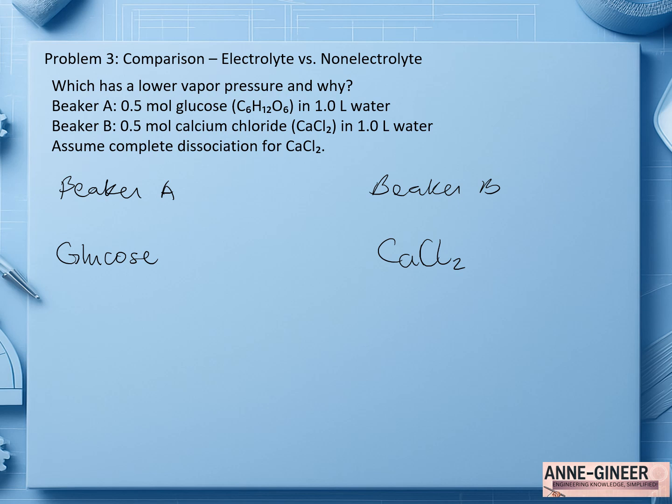Since glucose is a non-electrolyte, it stays as 0.5 mole of particles. Since CaCl2 dissociates into 3 ions, Ca2+ and 2 Cl-, the Van't Hoff factor is 3.